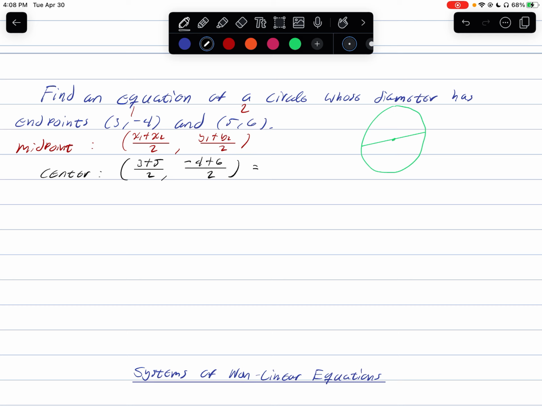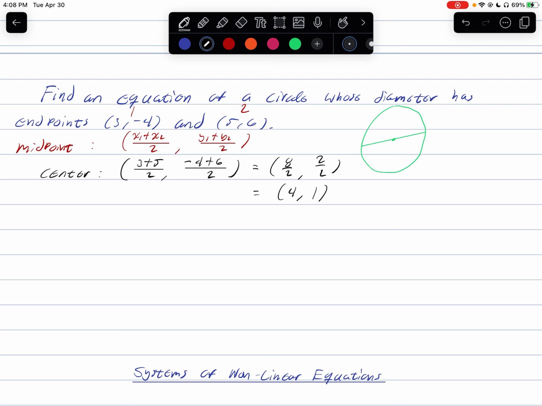Well, 3 plus 5 is 8, so we have 8 divided by 2. Negative 4 plus 6 is 2, and we have 2 divided by 2. So 8 divided by 2 is 4, and 2 divided by 2 is 1. So (4, 1) is going to be our center.